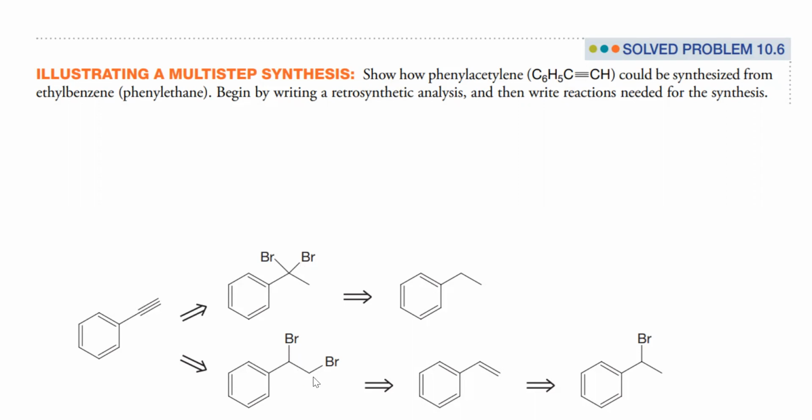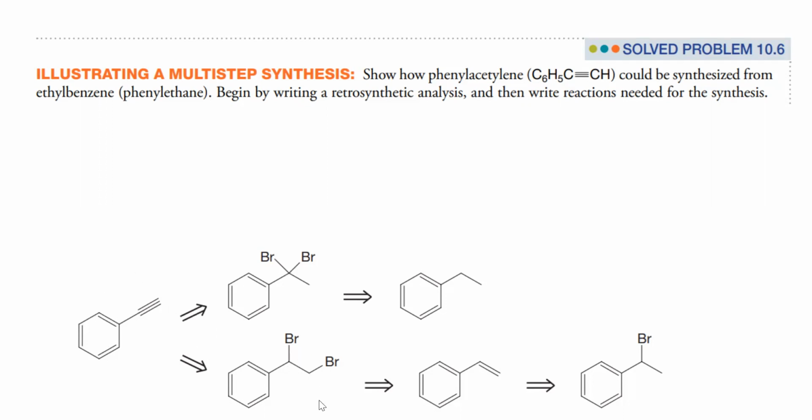Then for the second, your Br can be on either side, and you have a second 1,2 elimination reaction, so you have two moles. The first hydrogen and bromine are eliminated to form your alkene, and the second hydrogen bromide is also eliminated to produce this one. Either way, you eliminate hydrogen bromide to produce your alkene, and another hydrogen bromide to produce your alkyne.